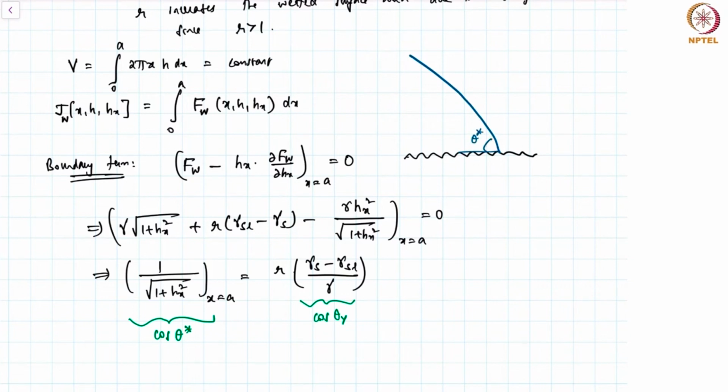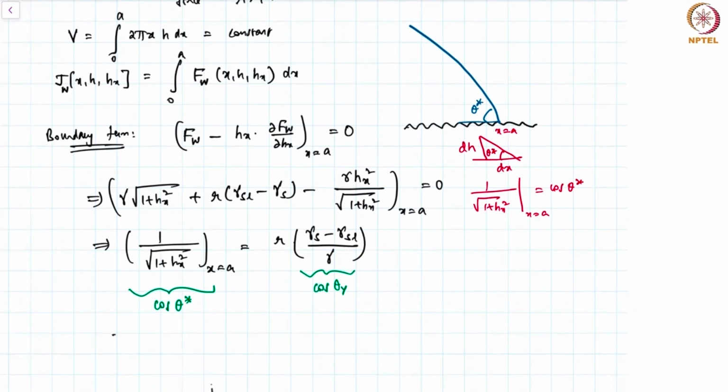If you look at a small triangle again, this is dh and this is dx, and theta star, then we have 1 by square root of 1 plus h_x squared, evaluated at this point x equal to a, is cosine of this angle theta star. Okay, and therefore what I now have is cosine of theta star is r times cosine of theta y.